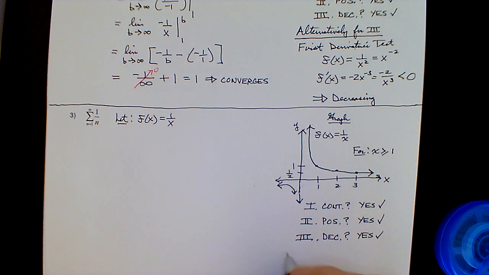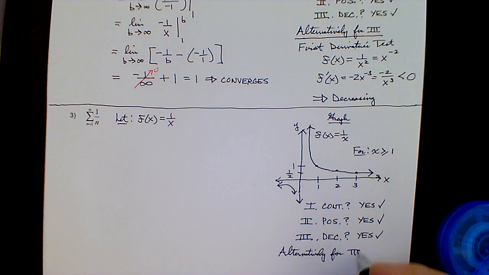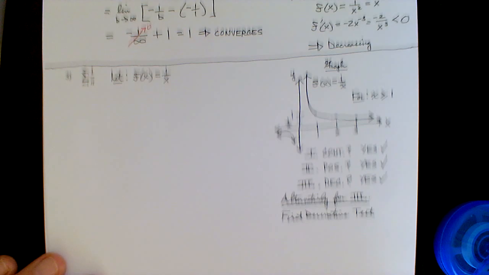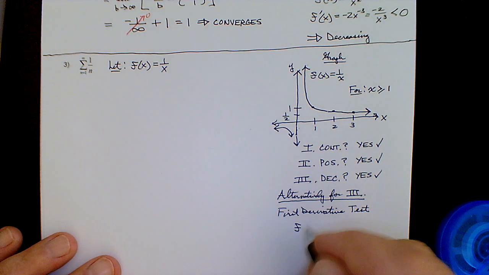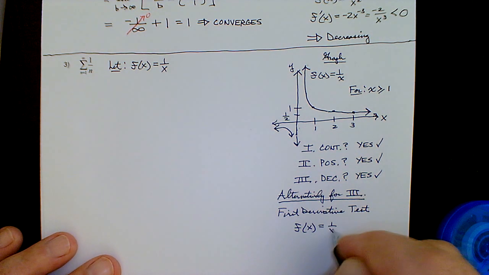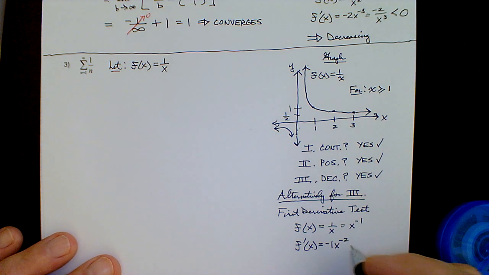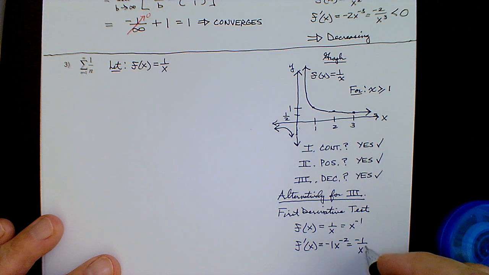And then, once again, I'm going to be formal and say, alternatively, for the third condition of decreasing, the first derivative test again. If you're a big fan of the first derivative test from Calculus 1, take the function 1 over x, modify it to x to the negative 1, differentiate it, get negative 1 times x to the negative 2, which is negative 1 over x squared.